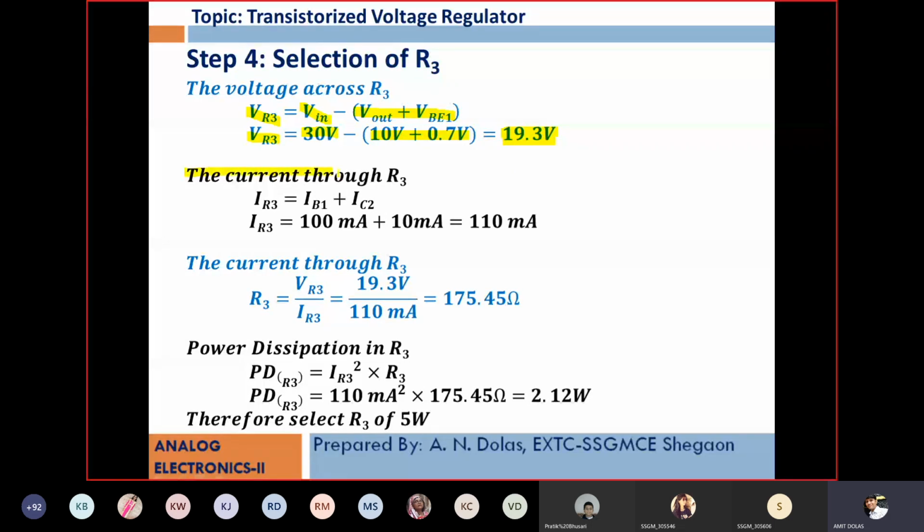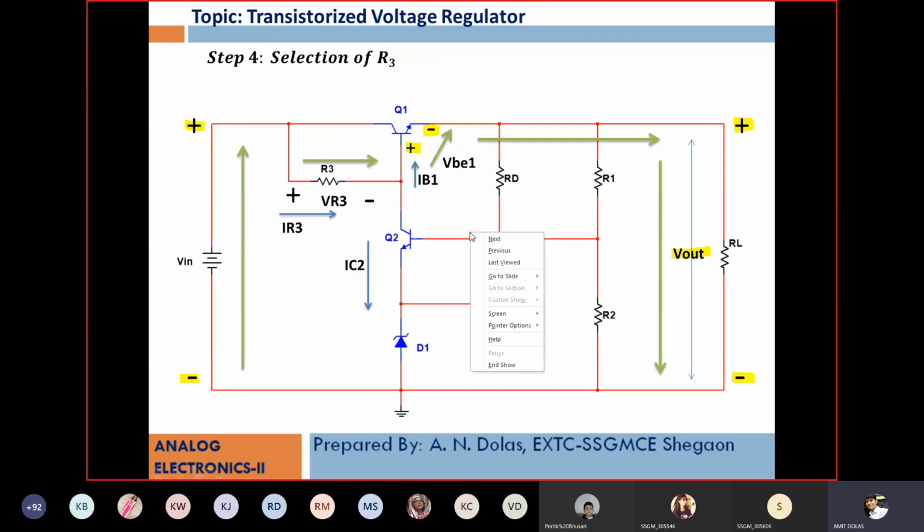Then the current through R3, because we have to think of power dissipation and everything here. So current through R3. Let's go back to the diagram. Current through R3 will be, of course, which are the currents? This current IR3 is moving towards the node of base and collector of Q1 and Q2 respectively.